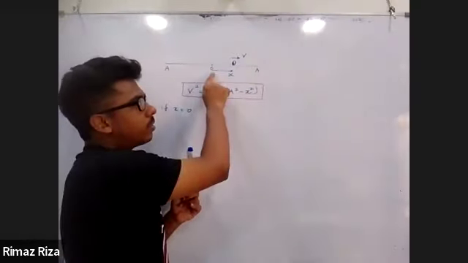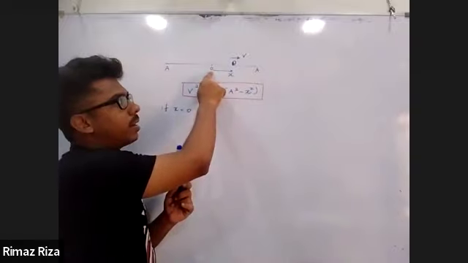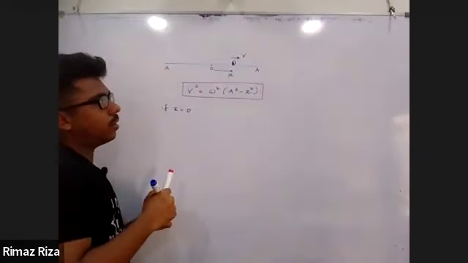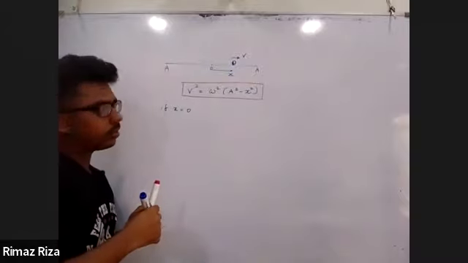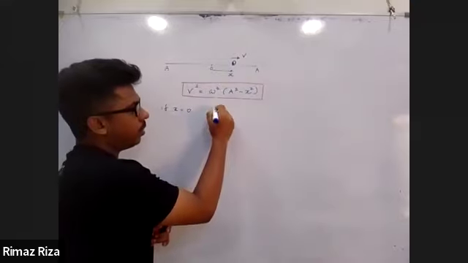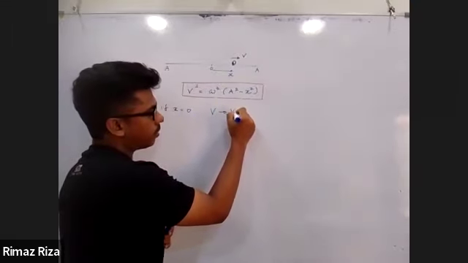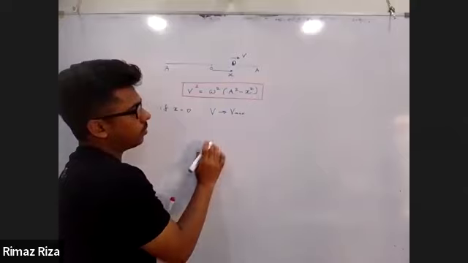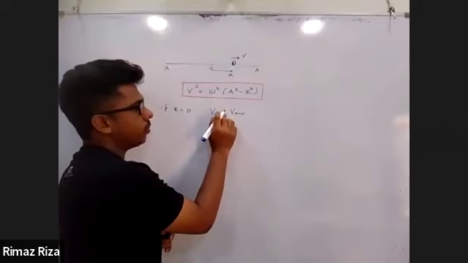The minimum value is x equals 0, when the particle is at the center. So if x equals 0, v will be the maximum velocity, so I say v equals v max.